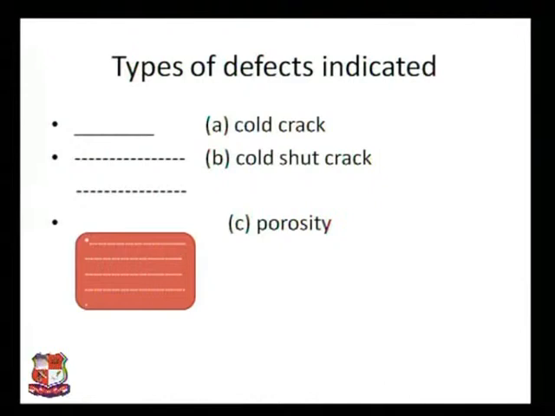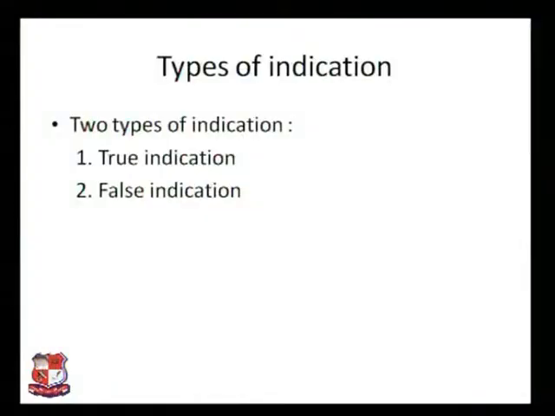Okay, the question arising in your mind is, if this material is being tested with NDT, that is by using the liquid penetrant method, what are the advantages of that method? The first point: two types of indications. When you observe the indications, there will be two types: true indication and false indication.